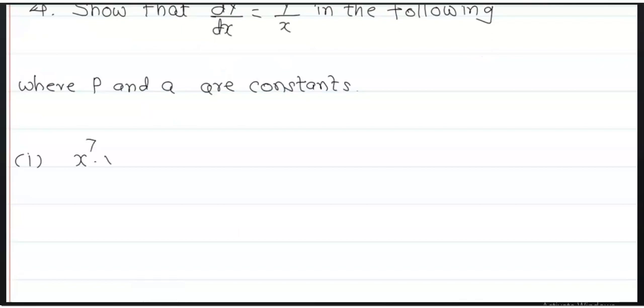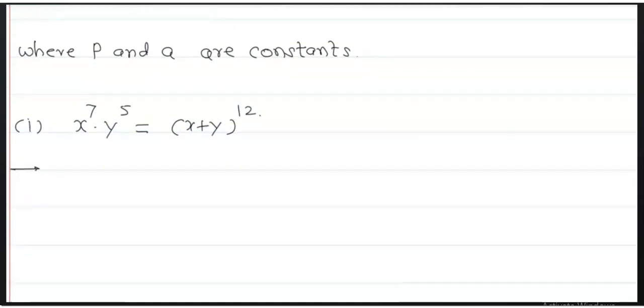First, x raised to 7 into y raised to 5 is equal to (x plus y) raised to 12.